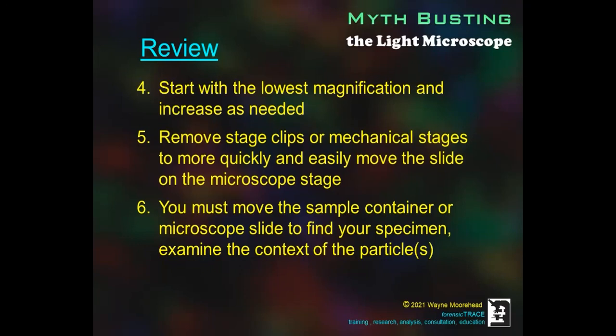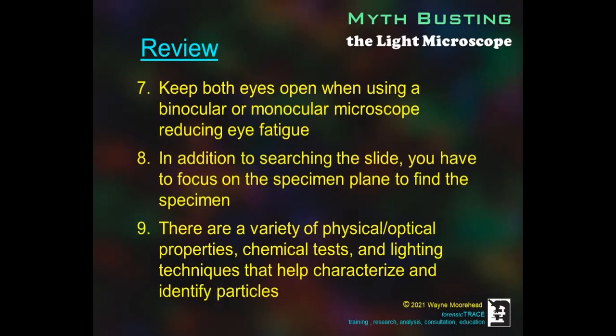For myth number 6, the reality is that you must move the sample container or microscope slide to find your specimen, examining the particle in context. For myth number 7, the reality is keep both eyes open when using a binocular or monocular microscope to reduce eye fatigue. Myth number 8, the reality is, in addition to searching the slide, you have to focus on the specimen plane to find the specimen.